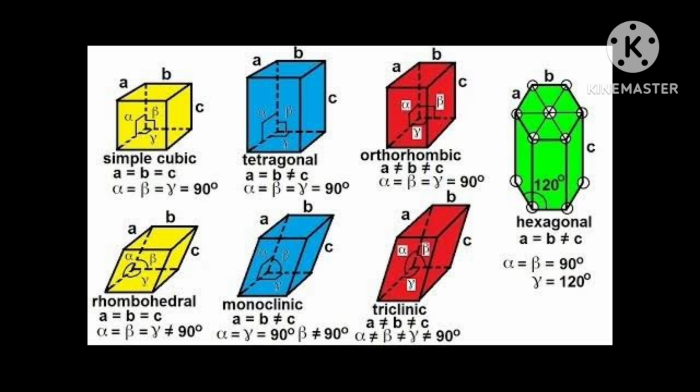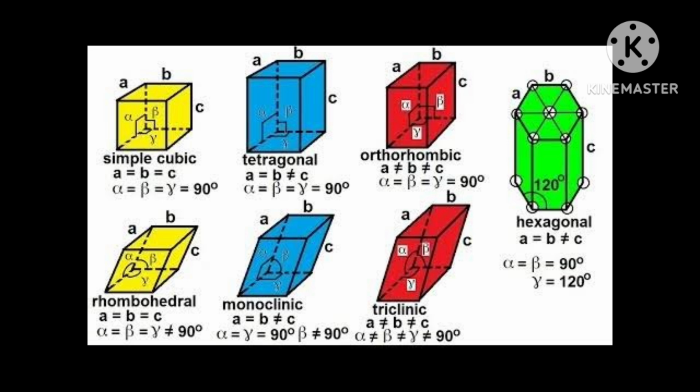And what is its example? Its examples are white tin, SnO2, titanium oxide, calcium sulfate. These are the examples of tetragonal.